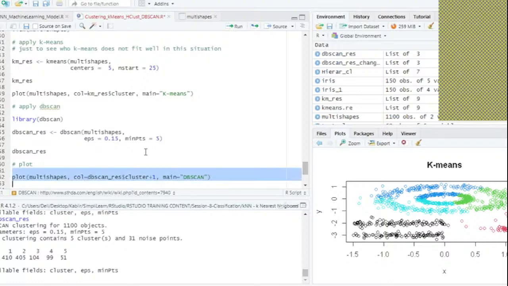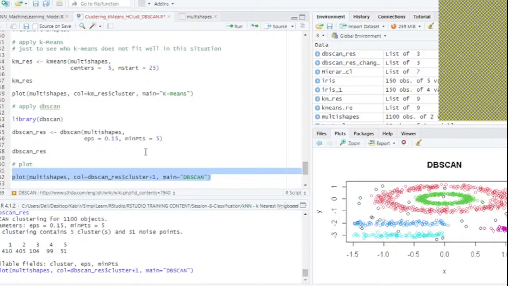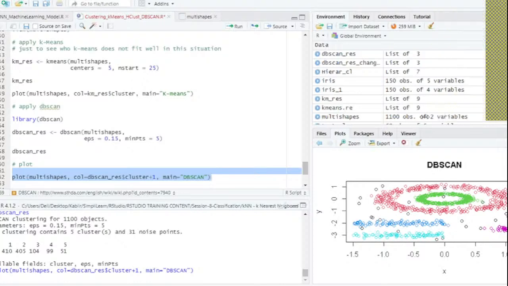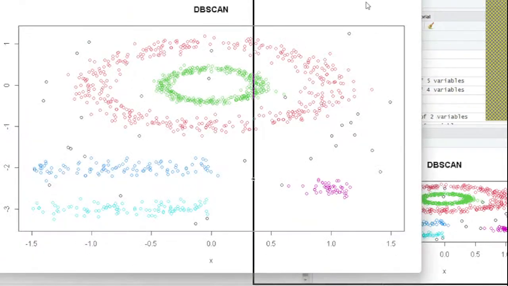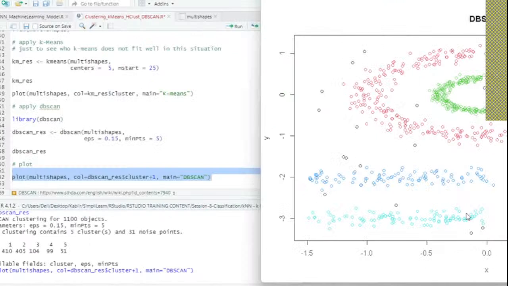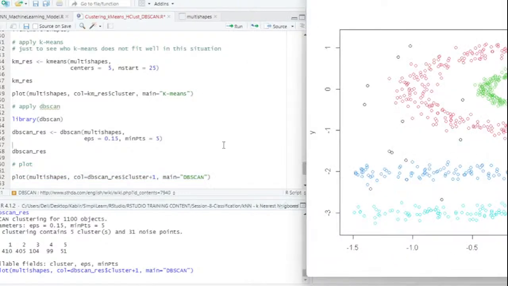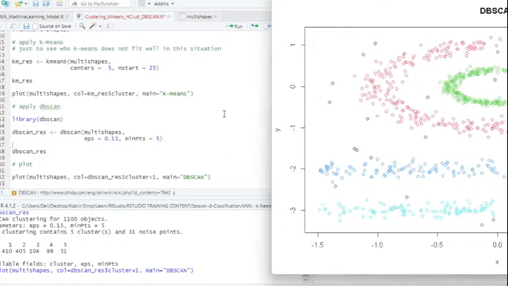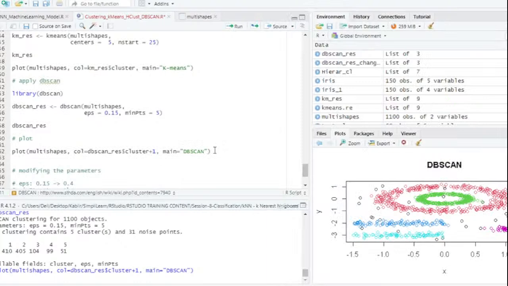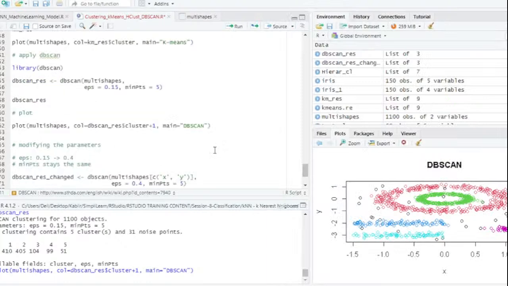And when I plot this, this is how it gets plotted.